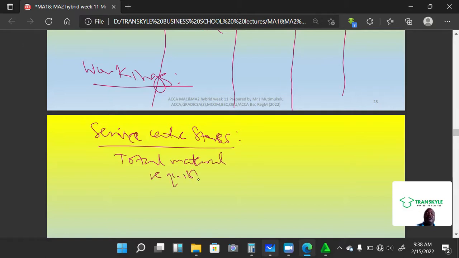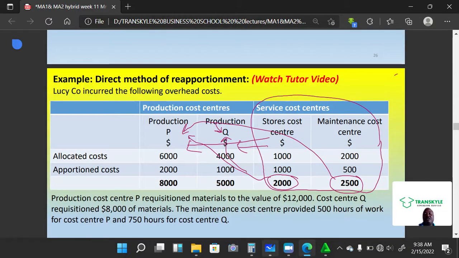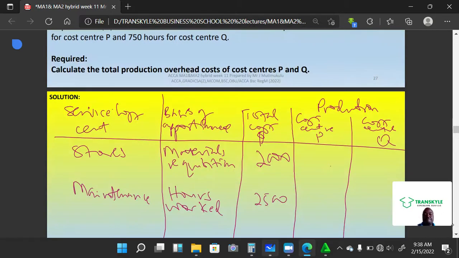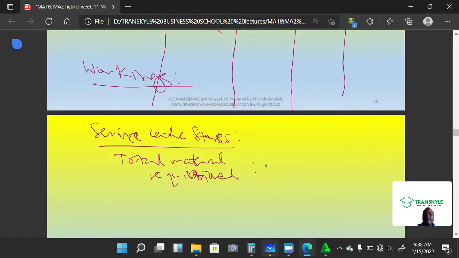How much were they? The examiner is talking about 12,000 and 8,000. So if we add 12,000 and 8,000, how much is that? It's going to give us 20k.